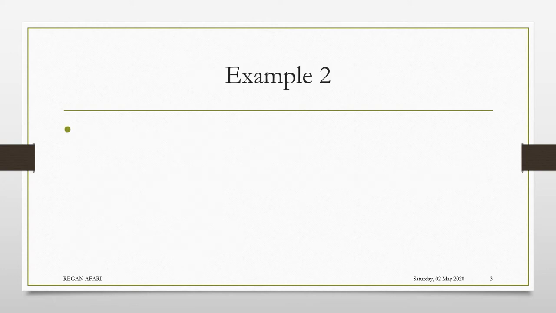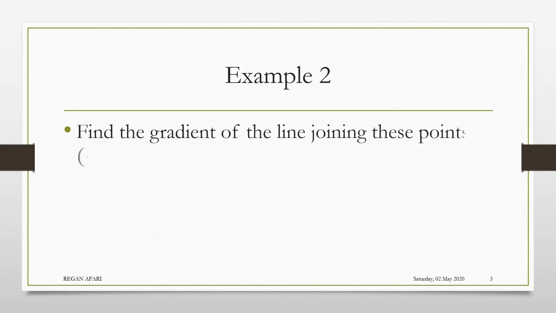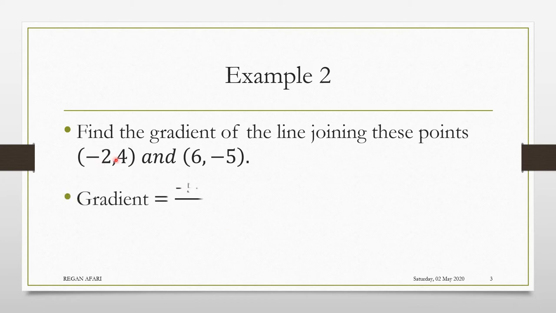Second example. We are going to find the gradient of the line joining these points. But now be careful, there are some numbers which are negative. Y2 minus y1, so we have negative 5 minus 4.